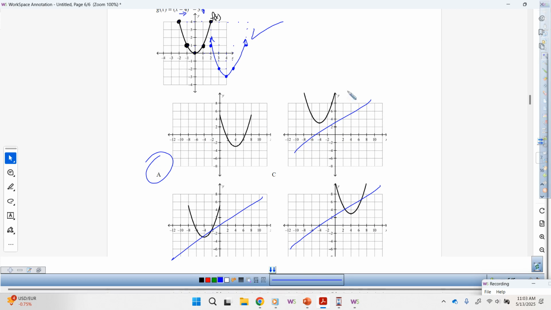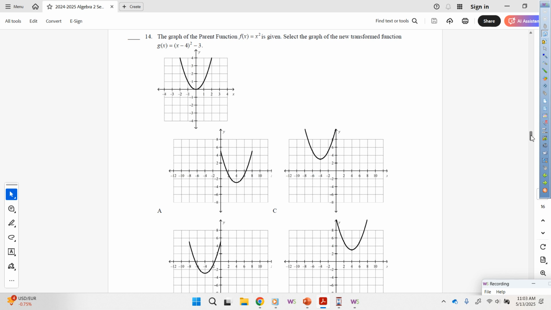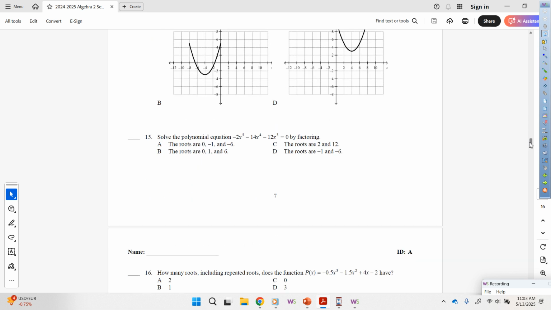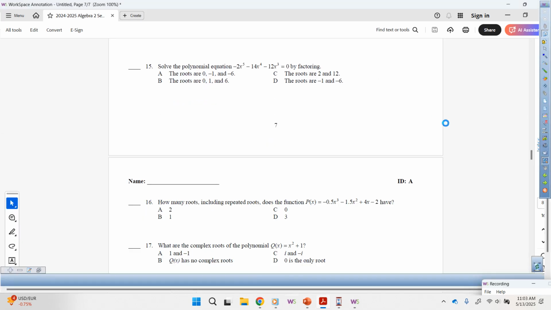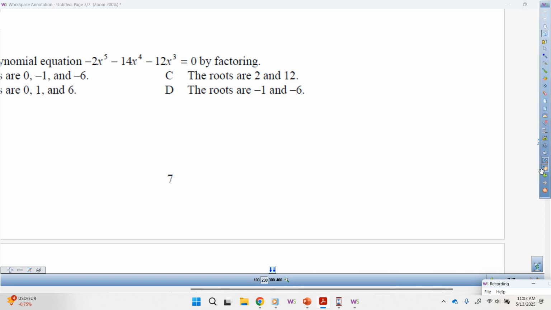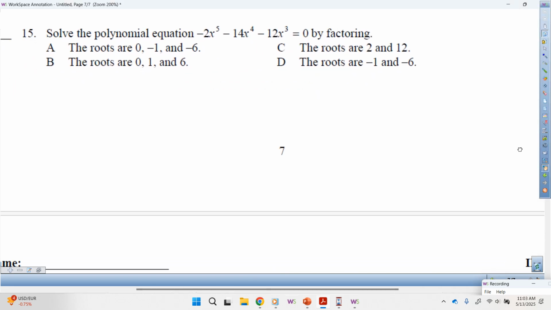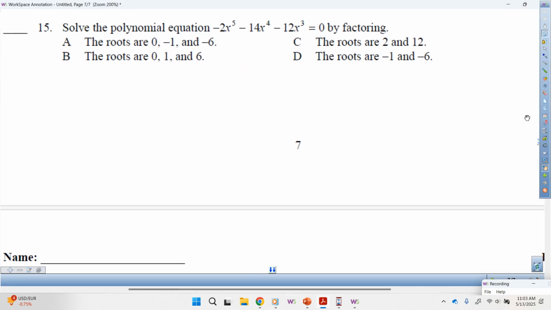How we doing? Good? Yes? All right. Continue. Go to number 15. Solve the polynomial by factoring.